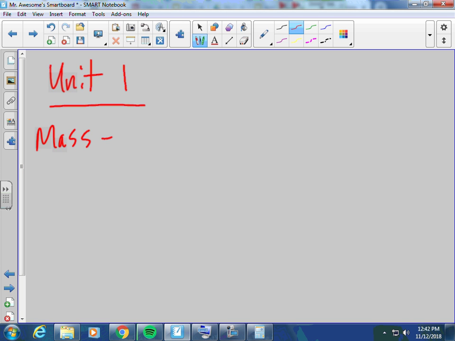All right, so we started off by talking about just matter in general, what makes up mass. What do you call mass? What is mass? Okay, number of particles that we show as dots.